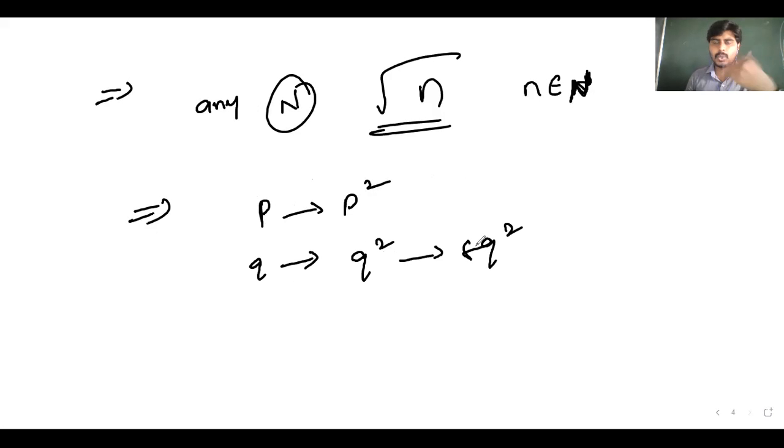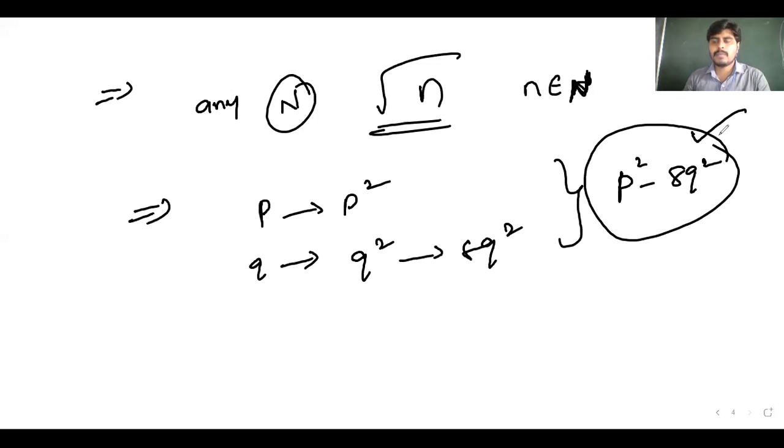So p square minus 8q square is also a rational number, isn't it? Clear? Yes, Nana? Did you get this?